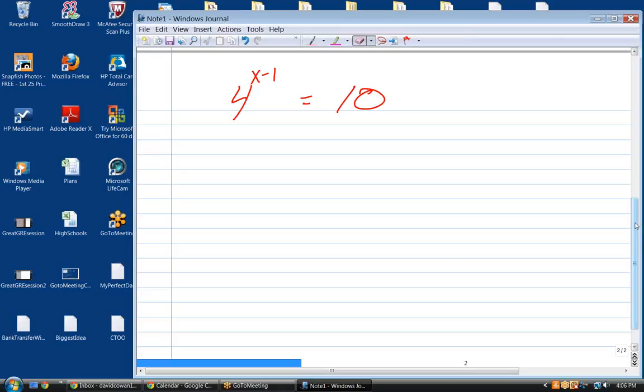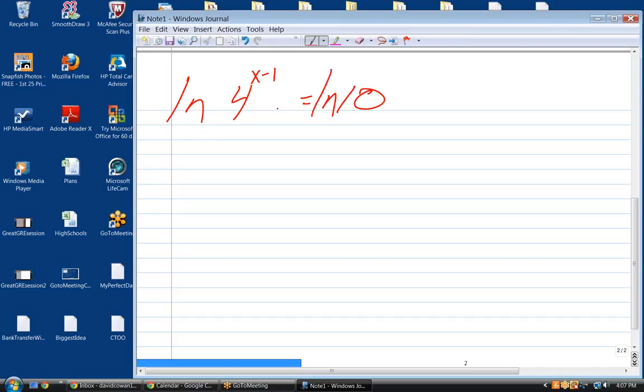Once you get up into math beyond what you're in now, natural log is going to be what everybody uses. Calculus is a natural log environment. It's not common log. So I typically just automatically, when I'm going to take the log of both sides, take the natural log of both sides.